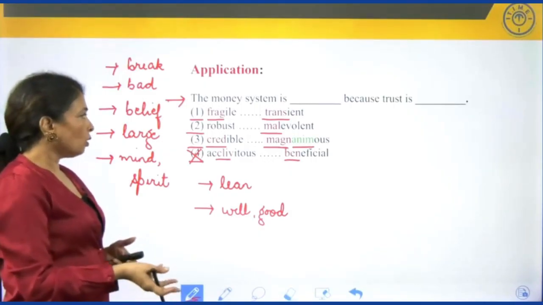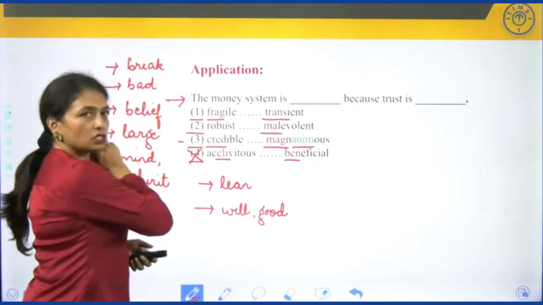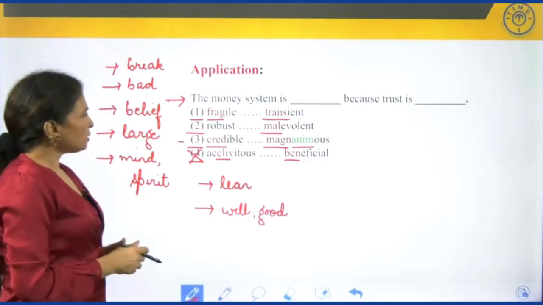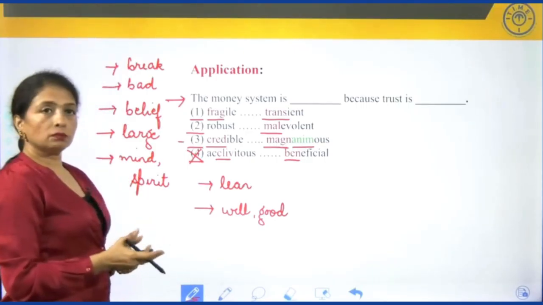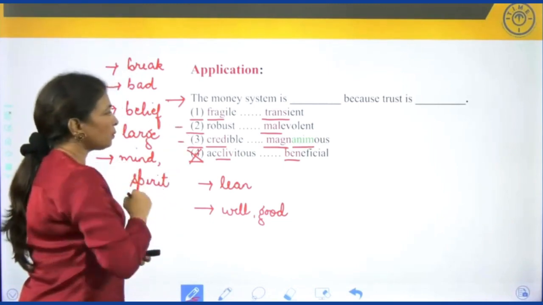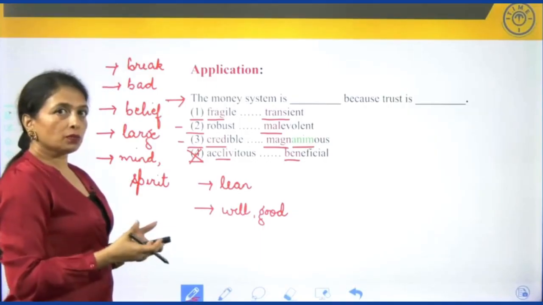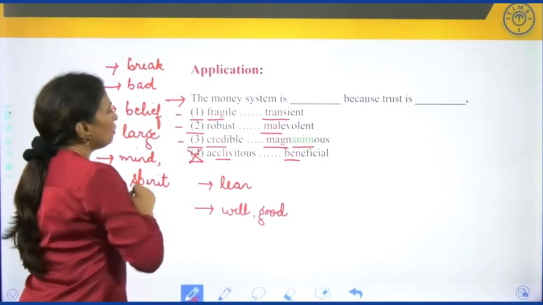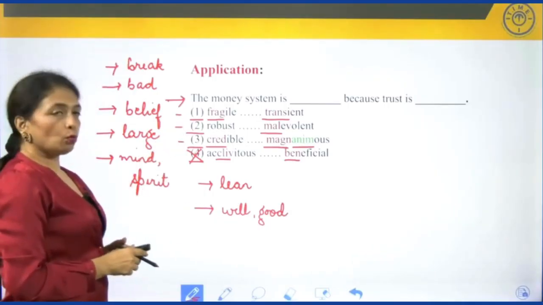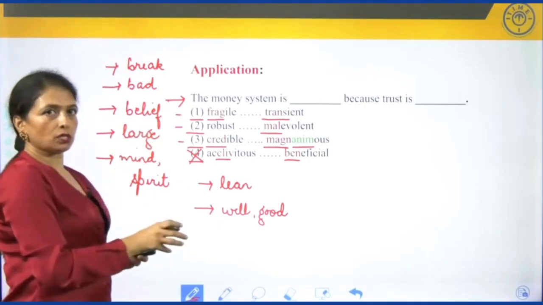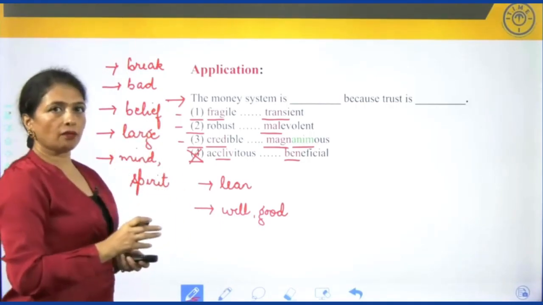I don't think so. But if you are in doubt, let's just keep it aside. Is it robust? Well, let's keep this aside as well. And fragile. Yes, of course, it is fragile because we can't trust it that much. So these are the three words from the three choices that we have set aside for the first blank.